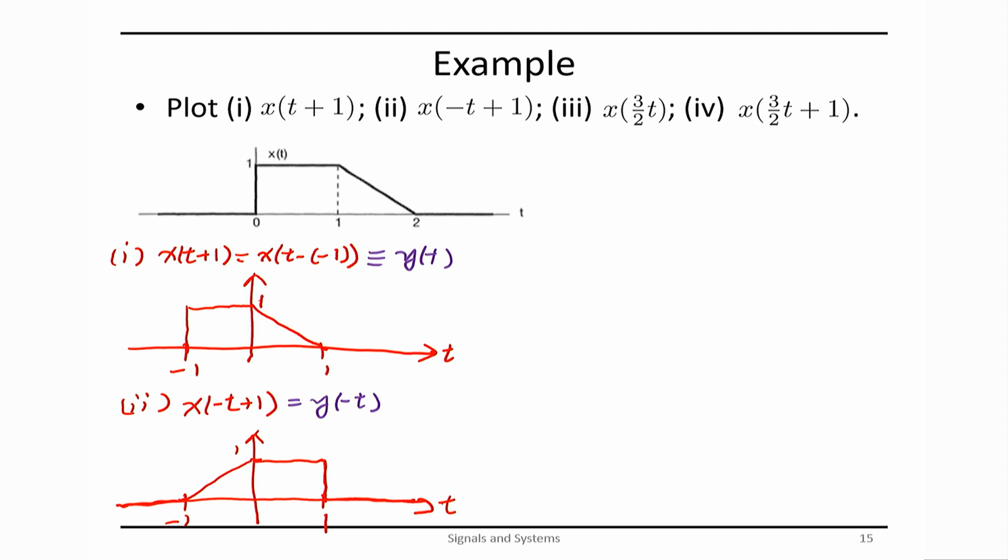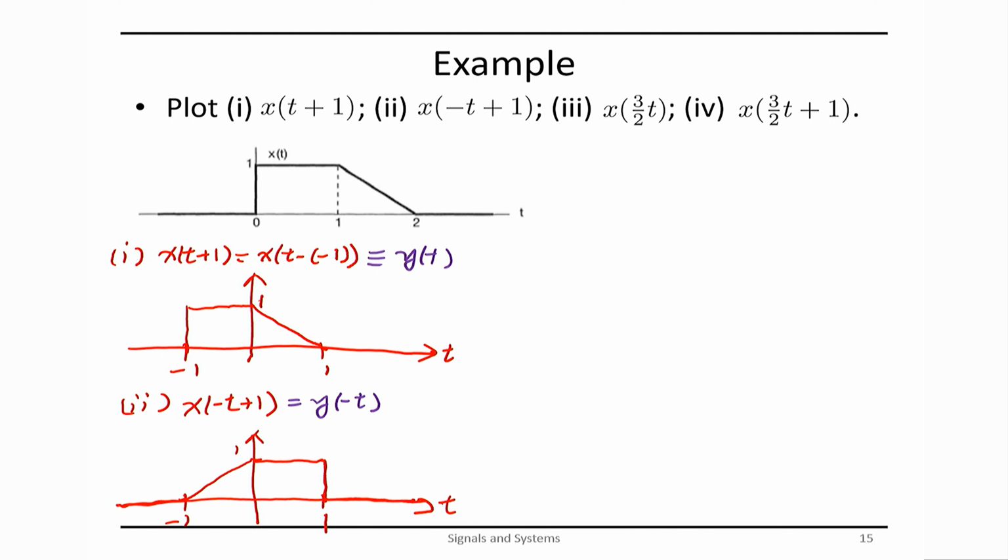Now, this sort of implies that when you're directly asked to find this transformation, x of minus t plus 1, it's easier to first perform the time shift and then perform the time reversal, or the time scaling.